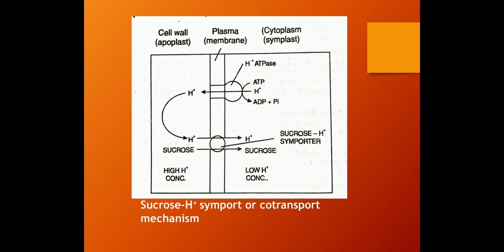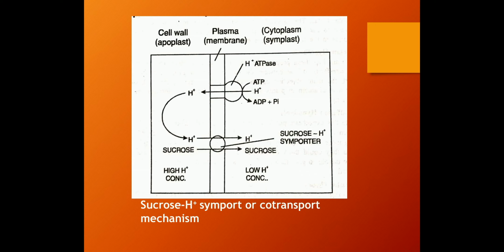So this is the diagram which represents the sucrose proton model. This model explains the transport of sucrose across the membrane. The membrane contains the enzyme ATPase, which hydrolyzes one molecule of ATP and pumps two protons out of the cell.